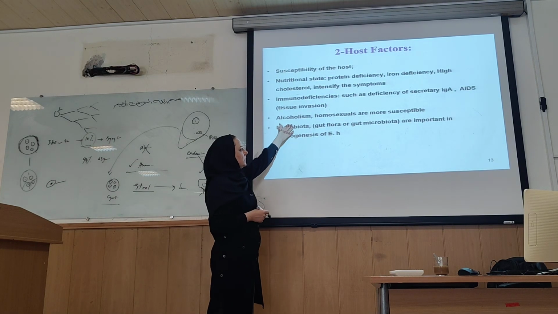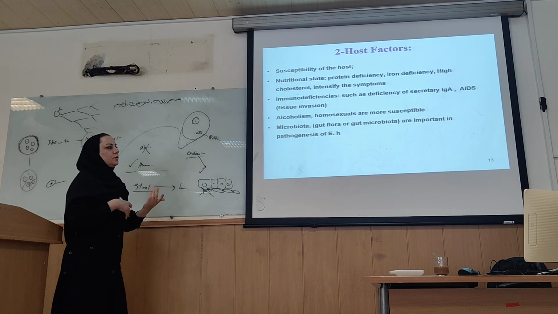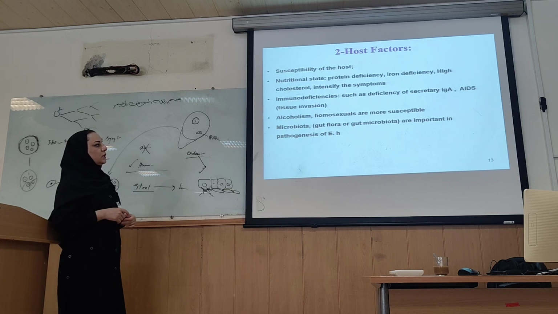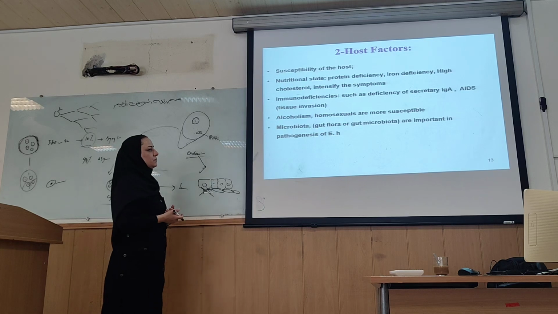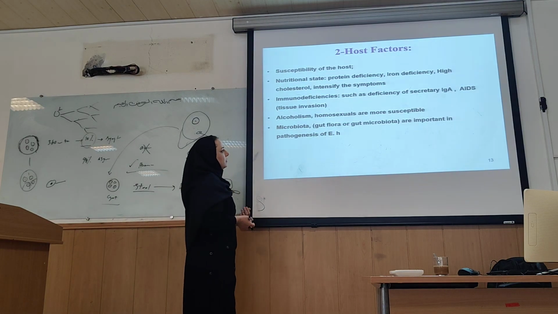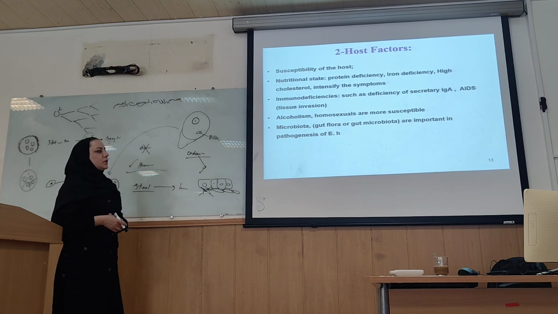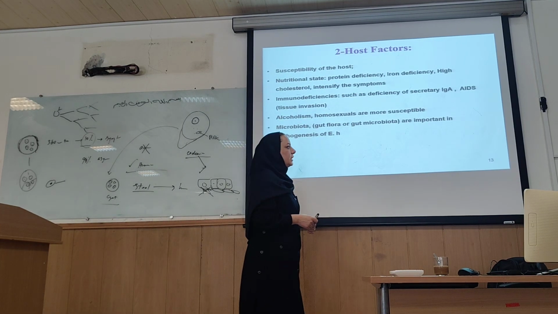And also alcoholism and homosexuality are more susceptible. In homosexual people, because they are infected with microbial agents, the number of parasites is much higher, and the symptoms are more than in other people. And also in alcoholism, they are more susceptible to extraintestinal amoebiasis or liver abscesses.